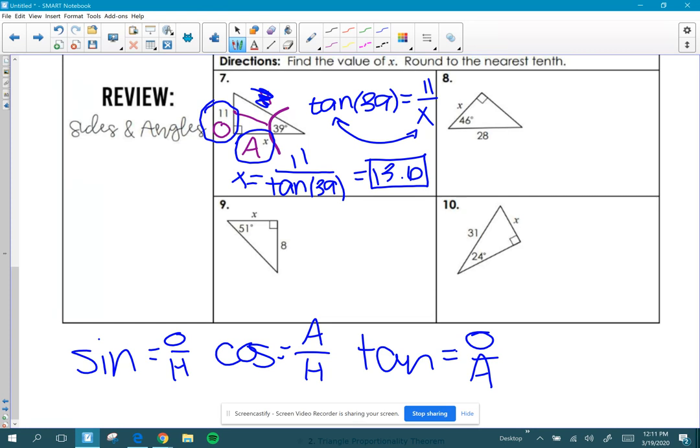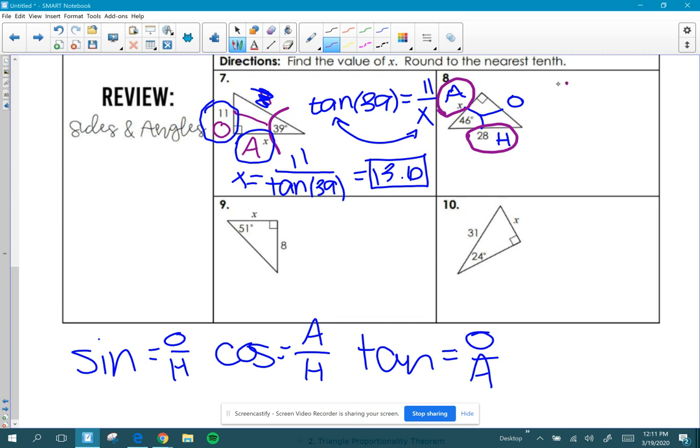The second one I'll label and I'll start the setup. I'll give you the answer, but you'll have to do the rest. So we're looking at 46 degrees. That's the angle in question. If I go straight across from that, that gives me my opposite side. If I look across from the right angle, this would be my hypotenuse. And then that third side is my adjacent side. Circling what we are given, we're given the adjacent side and we're given the hypotenuse.